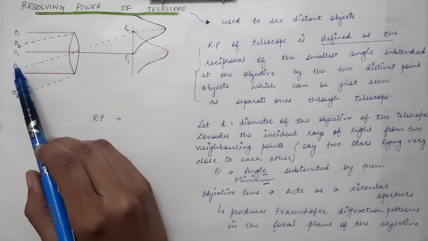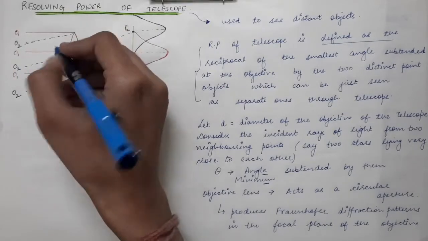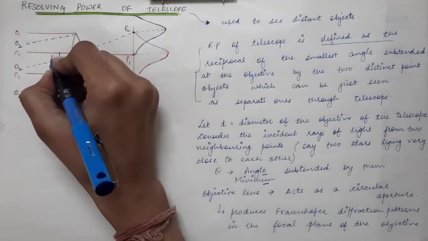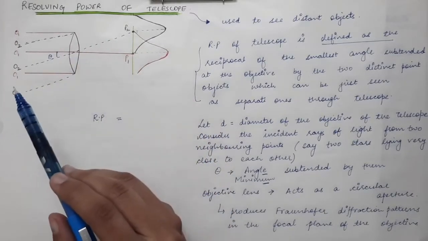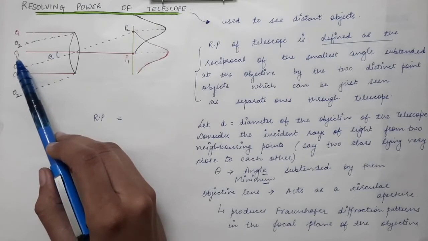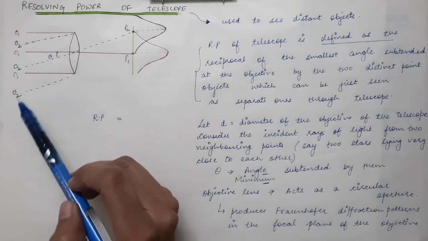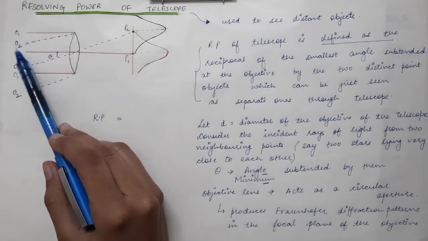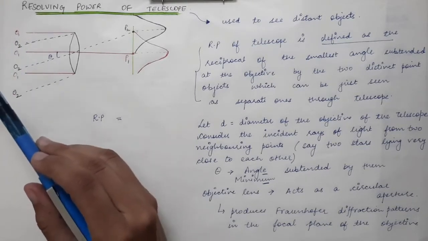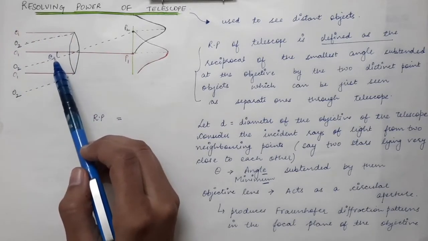Now let's say these O1 and O2 subtend an angle of theta at the objective lens of the telescope. So this theta can be decreased as well as increased. For another two objects, let's say O3 and O4, the theta angle will be different.